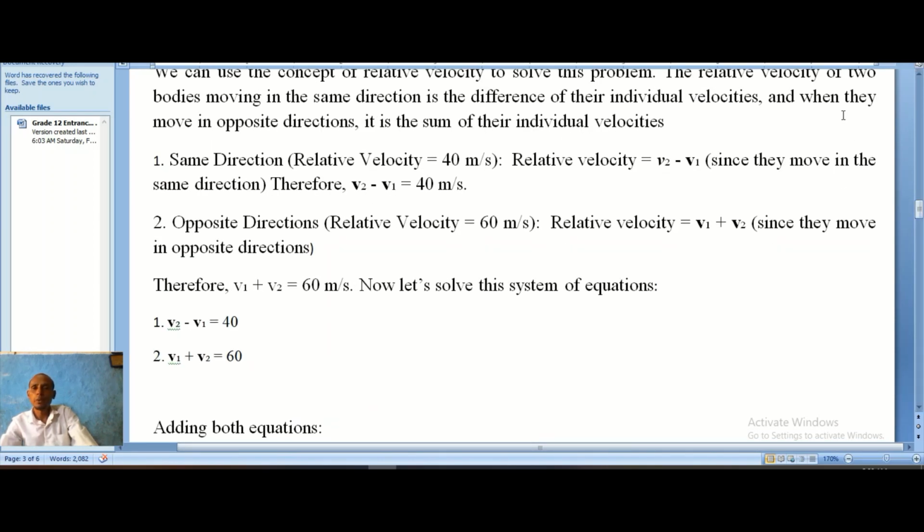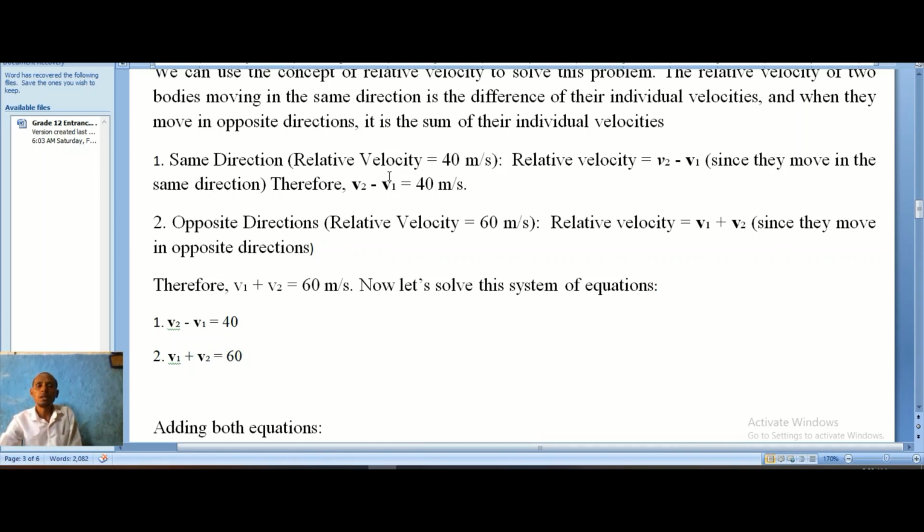Using this idea, when we come to the same direction, the relative velocity is 40, so V2 minus V1 is equal to 40. This is car 2 minus car 1.